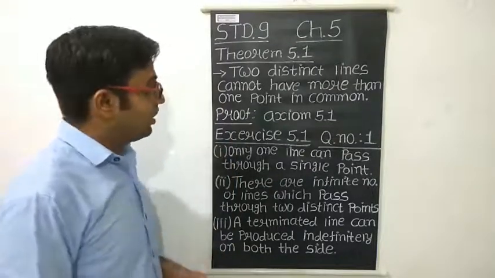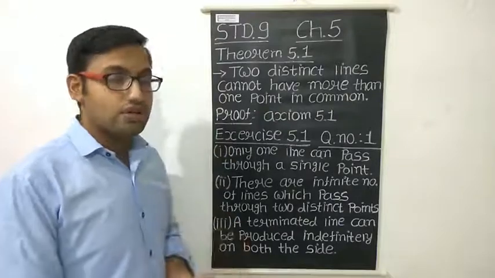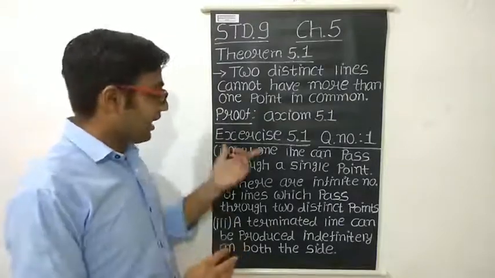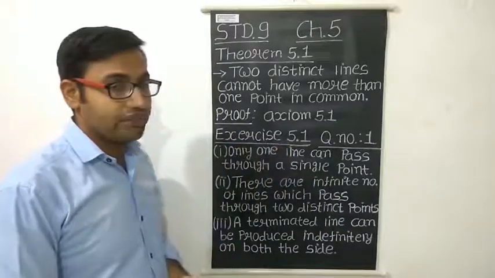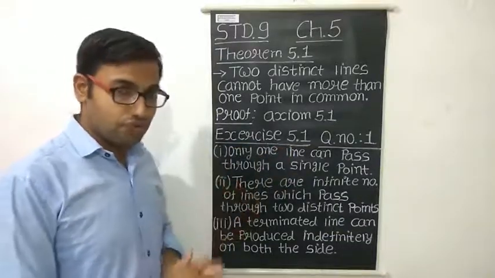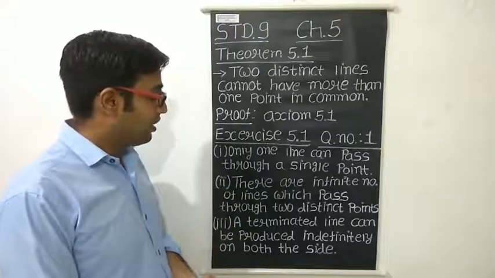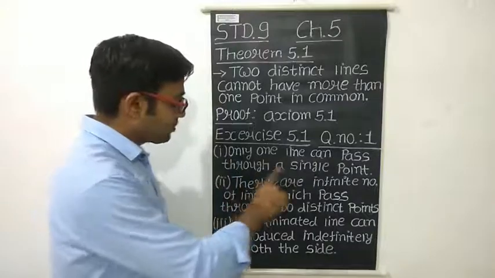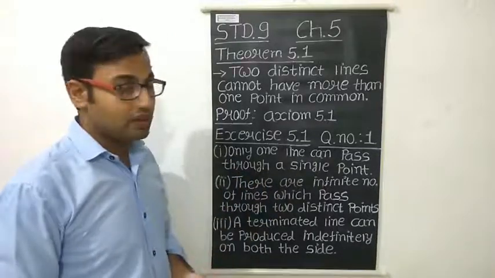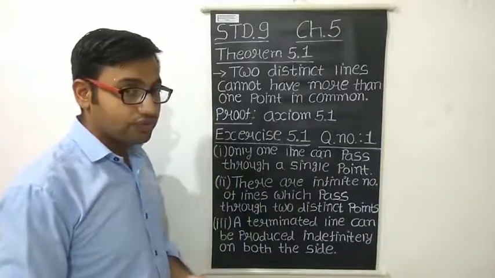Okay. So let us now study some exercise sums. Exercise 5.1, question number 1. Some true false questions are given. First statement: only one line can pass through a single point. Is this right or wrong?